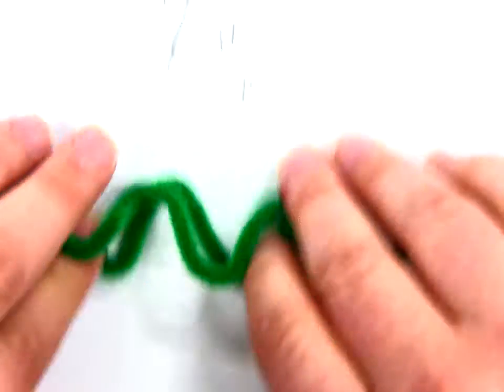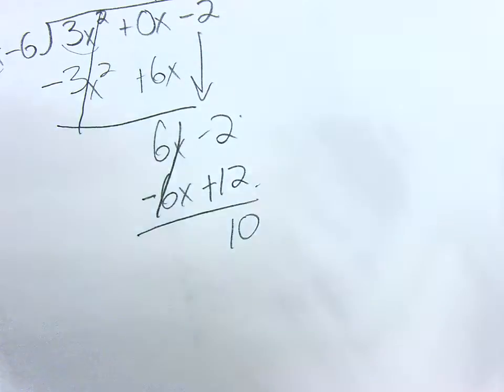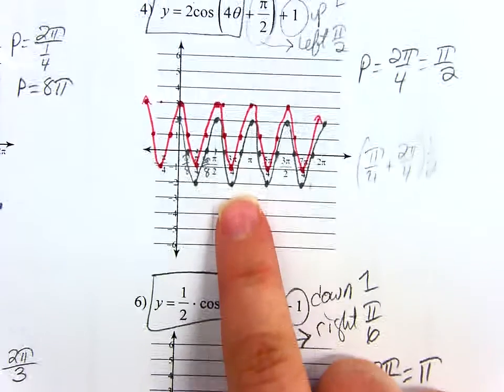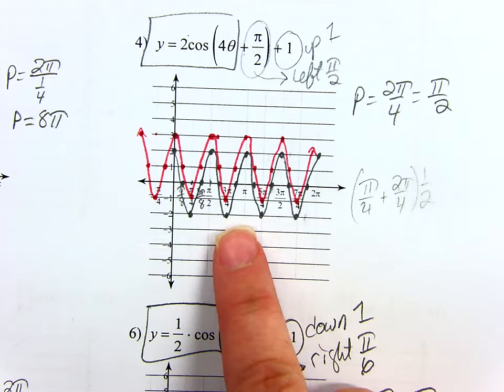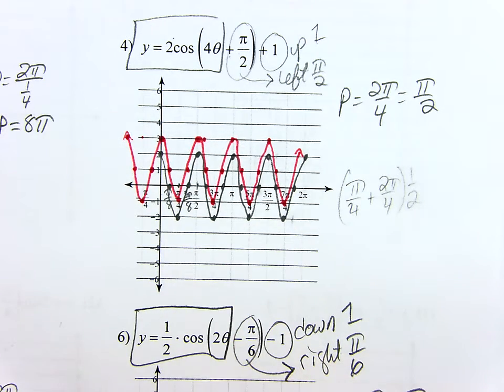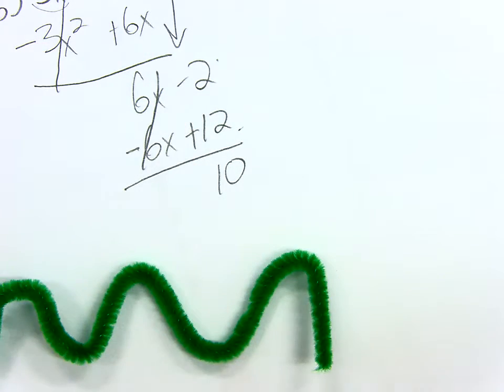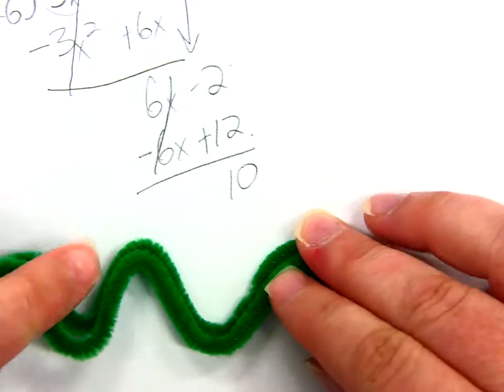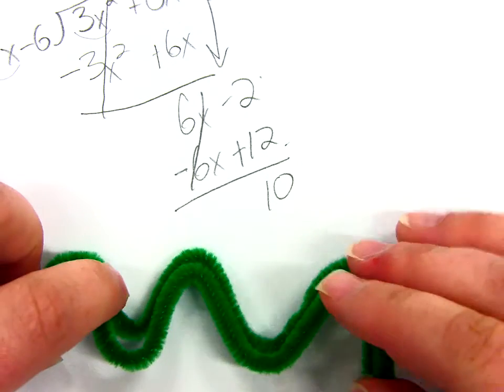Now a vertical shift is going to be different. That's the last number. I had to move it to the left, but it's the same as the period. I had my graph, I had my squiggles.